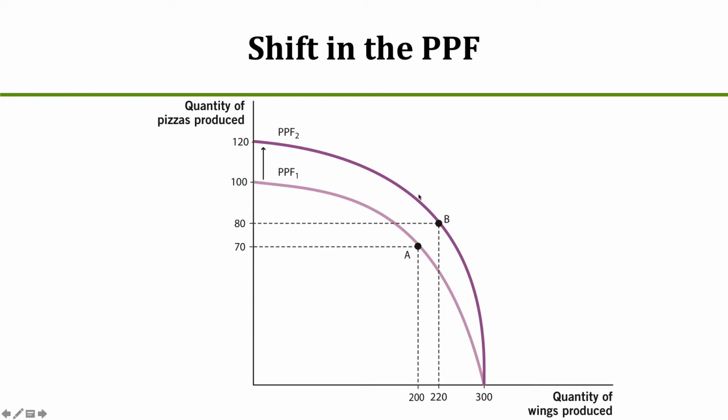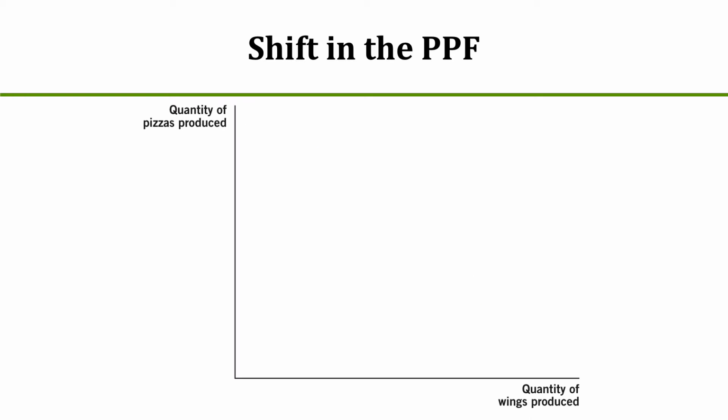But instead of being at point C, this country chose to be on point B. So not only the pizza production is increasing, but also the wings production is increasing. That's a possible movement. So the basic explanation is we are transferring some part of the efficiency gain into the wings production. That's why we can be on point B.